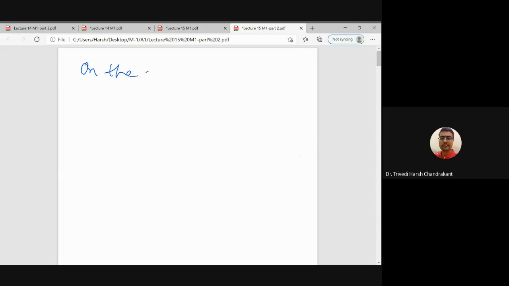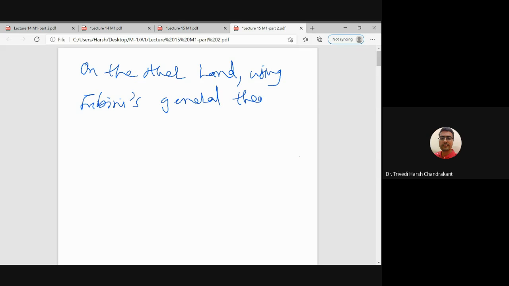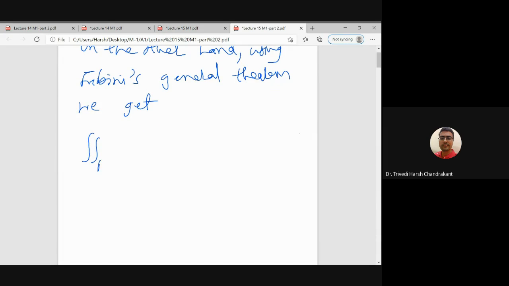Okay, so let me evaluate. Let me write these down. So on the other hand, using Fubini's theorem, we get the double integral of sin x by x dA, which is the integral 0 to 1, which is the limit of y, integral y to 1, which is the limit of x.